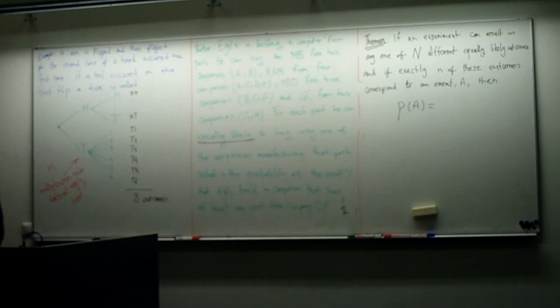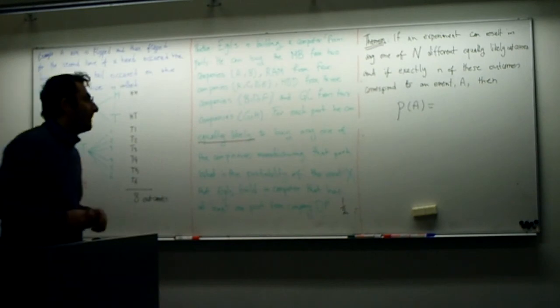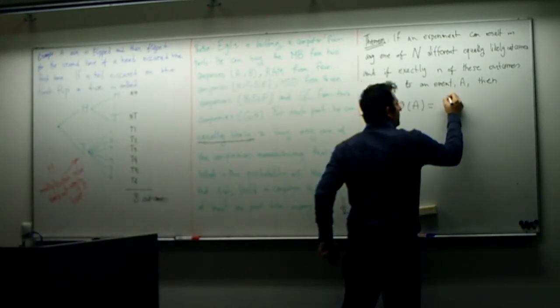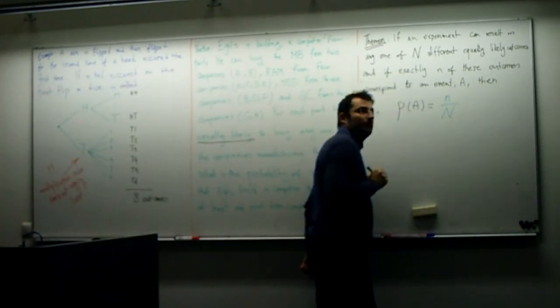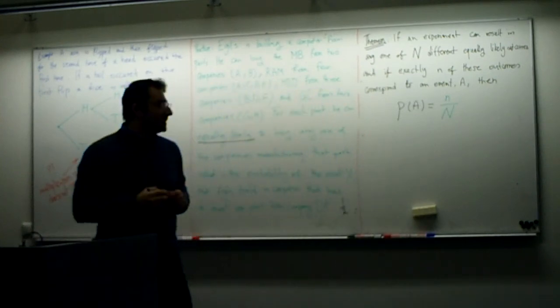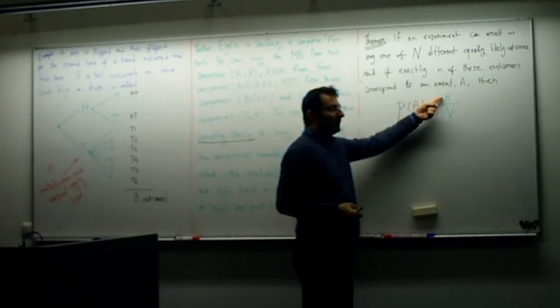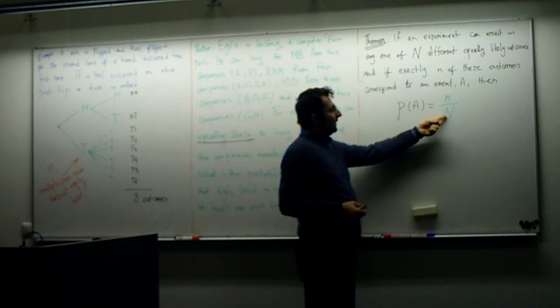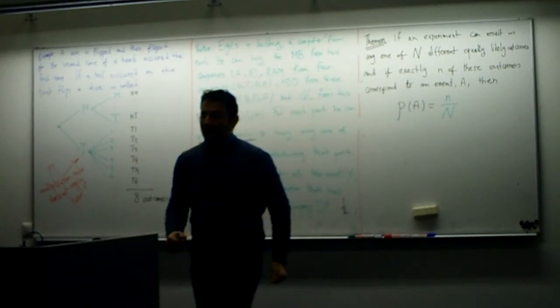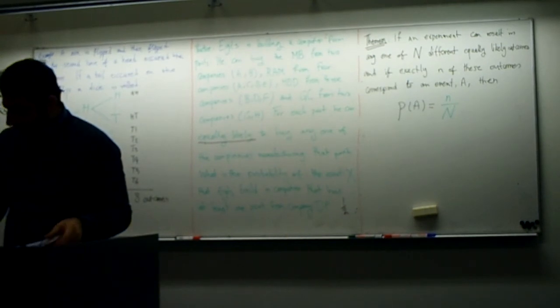What is the probability of A? It is lower n divided by capital N, because this is the total number of elements in A, and this is the total number that we have in the sample space.